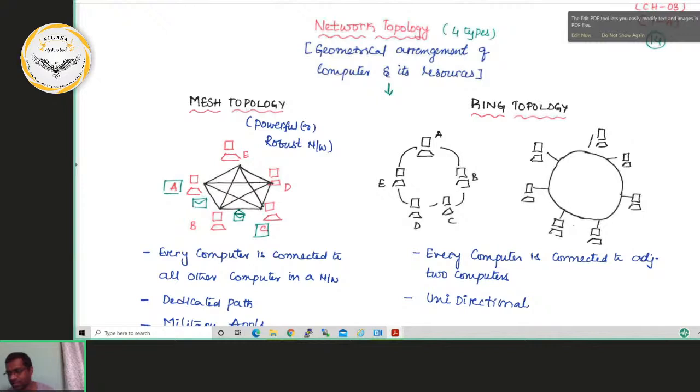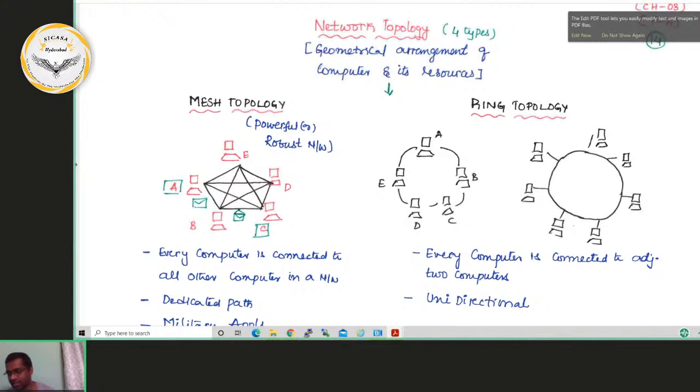However, mesh topology is called a powerful or robust network. Why is it called a robust network? Because if I want to transmit the data from one computer to another, let us say from A to C, do we have a dedicated path? Yes, we have a dedicated path.